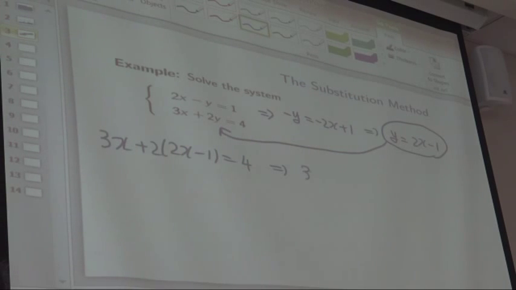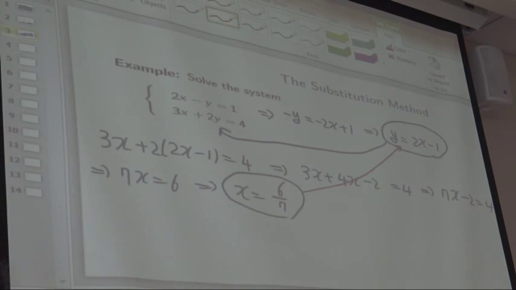So we have 3x plus 4x minus 2 is equal to 4, which is 7x minus 2 is equal to 4, which is 7x is equal to 6. So we get x equals 6 over 7. Now we have the x value. Now we are going to find the y value. To find the y value, we can use either the first or the second, but when you plug in the x value in here, we can get the y value.